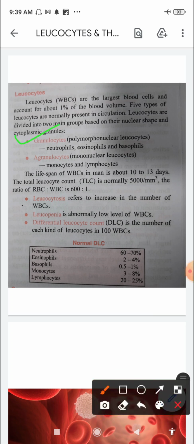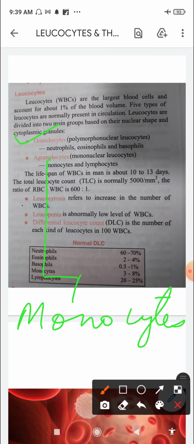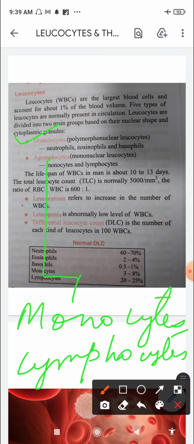And agranulocytes are divided into monocytes and lymphocytes, right? So these are the two types of agranulocytes, WBCs which do not have granules in their cells, right?